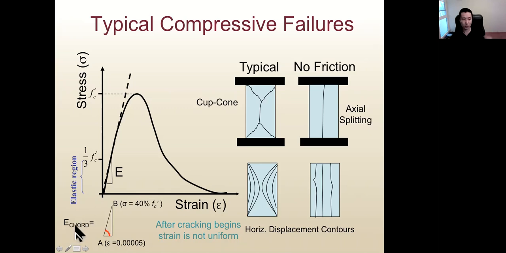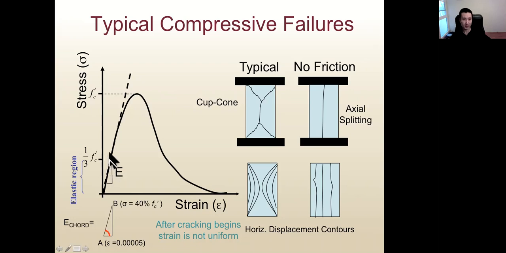There are many ways to calculate that, such as the E value based on the chord, which is the slope of two points. Point A is the point with a strain of this much. Point B is the stress level at 40% of f'c. And there are other ways to calculate the E value of concrete, just for your information.